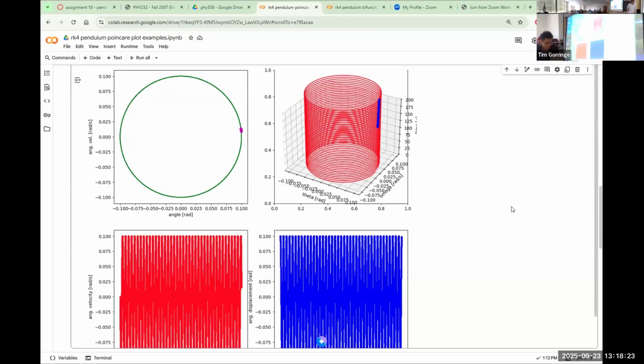You might have noticed, so we said that this Poincare section should be the same location, each theta and omega, each period. But if you look at that purple point, it's not quite a point. It looks like it's smeared out a little bit.